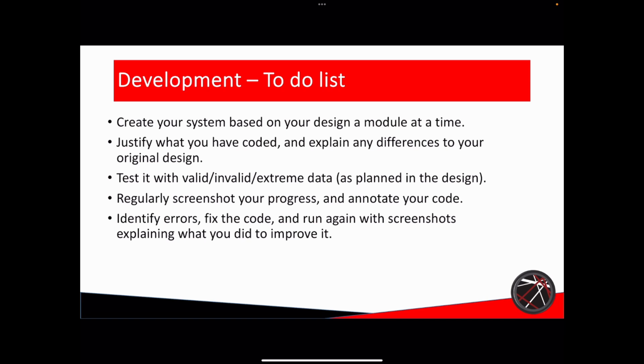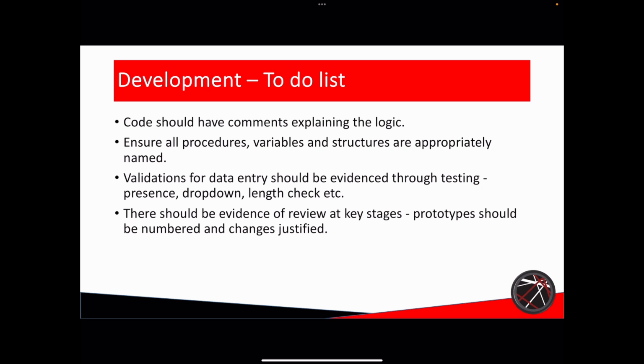I then need to test that again. Once I think I'm happy with that section, that module, I should then do an end of review test where I check everything. Okay, and you can see here, I've mentioned testing for things like validation, testing for procedures, the logic, but that happens in a sort of grand finish, if you like, for each module.